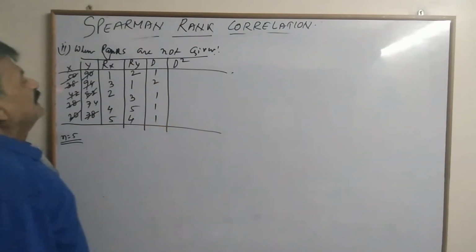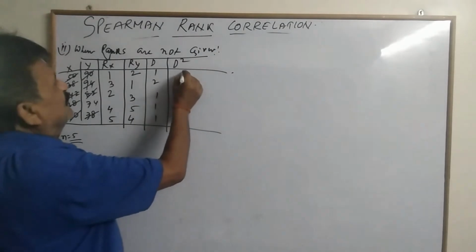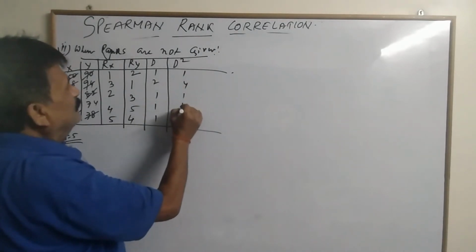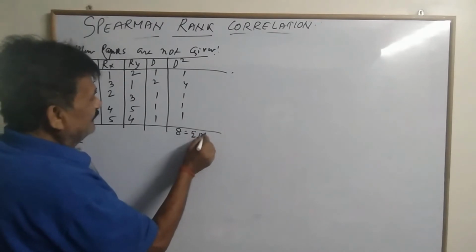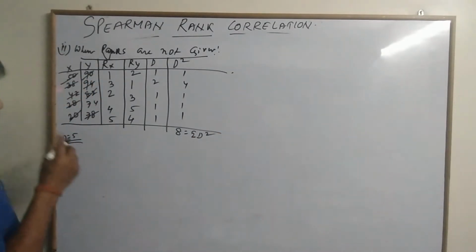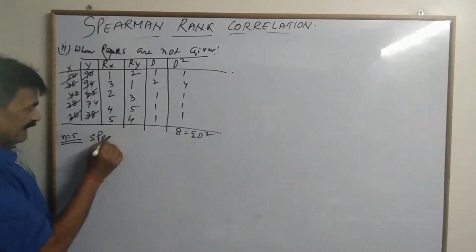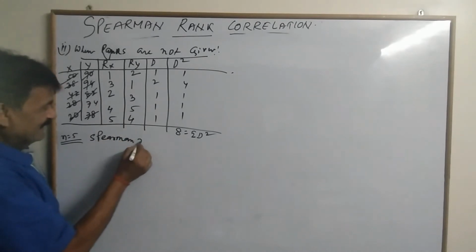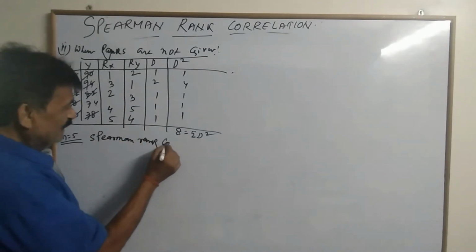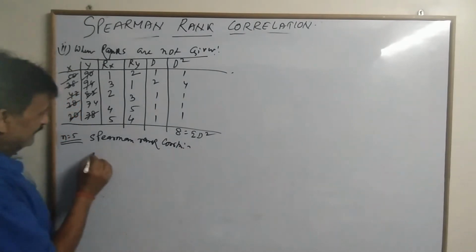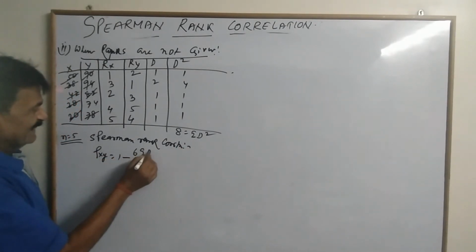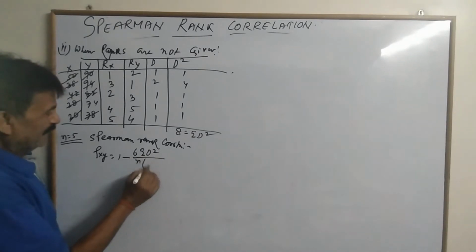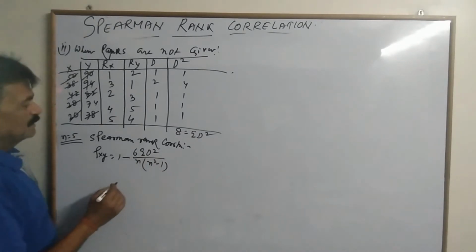The D values are 2, 1, 1, 1, 1. Squared, they are 4, 1, 1, 1, 1, and the summation D square is 8. So the Spearman rank correlation rho xy is 1 minus 6 summation D square by n into n square minus 1.